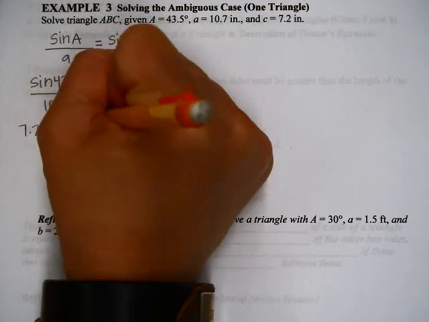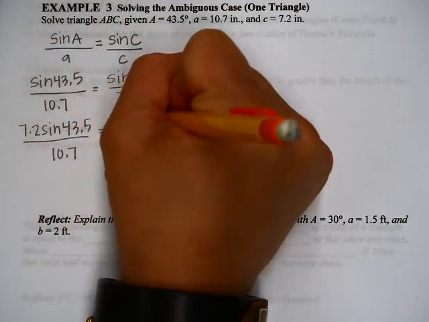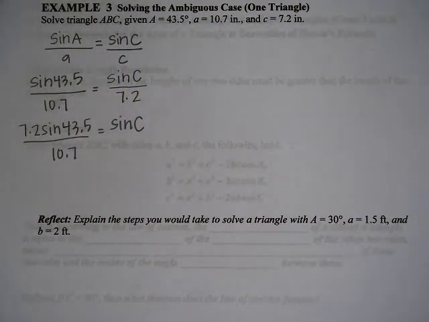Cross multiply. So you get 7.2 sine of 43.5 over 10.7 equals sine of big C. You're going to put all of that in your calculator, and then what are you going to do? Inverse.